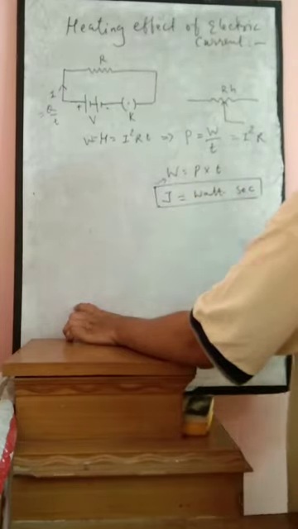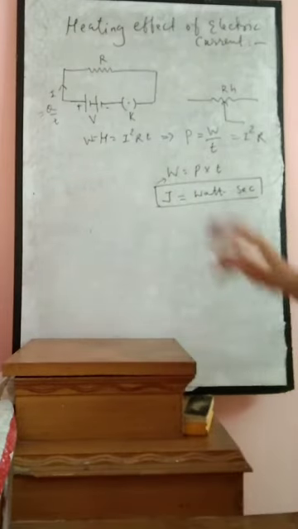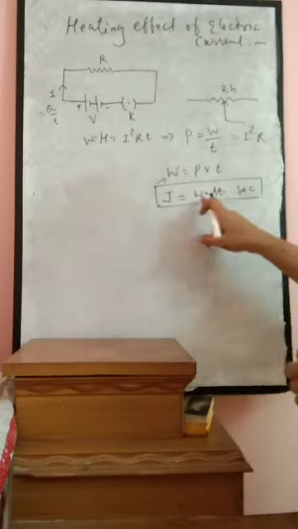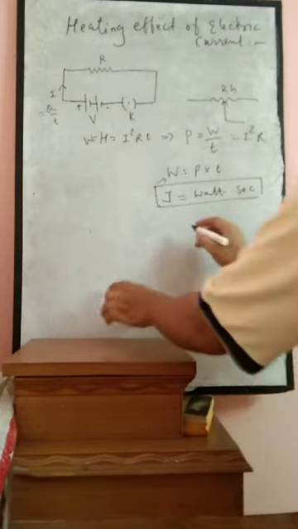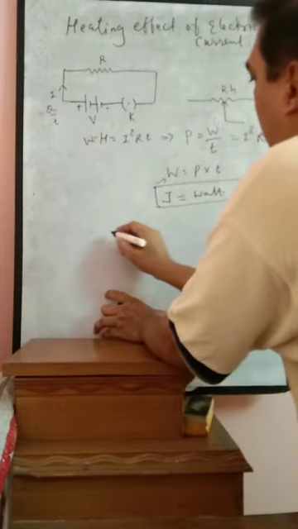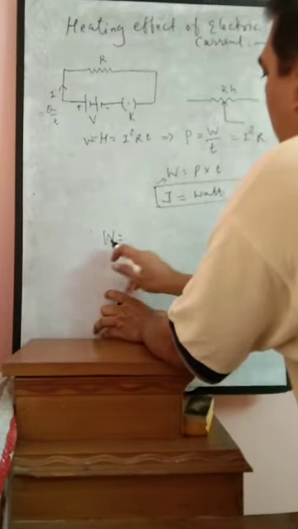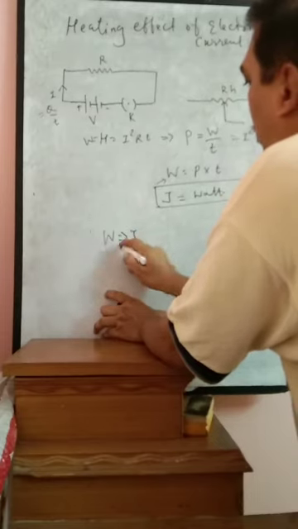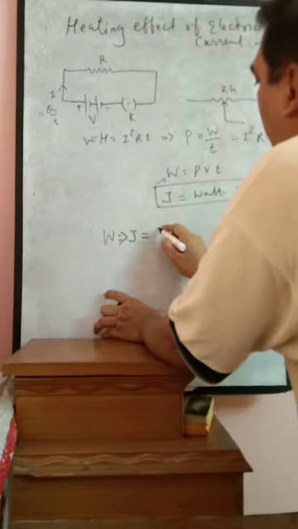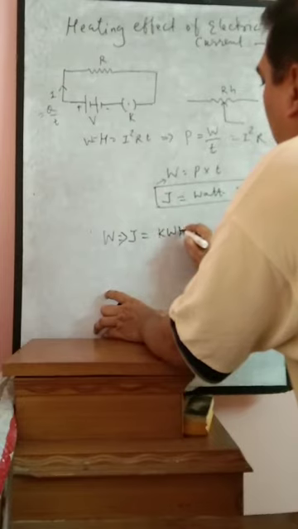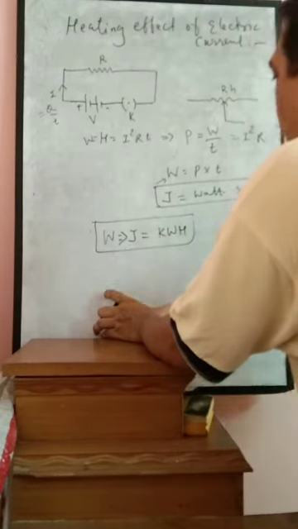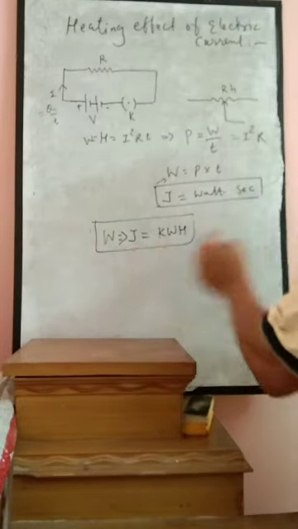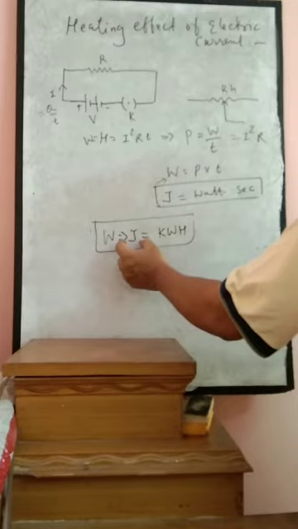So watt into second is also joule. Now when the electric power consumed by the electric circuit is measured in kilowatt and time is measured in hour, then this unit of work, joule, is represented in terms of kilowatt hour. I am repeating again, what is kilowatt hour? It is a unit of energy, work.